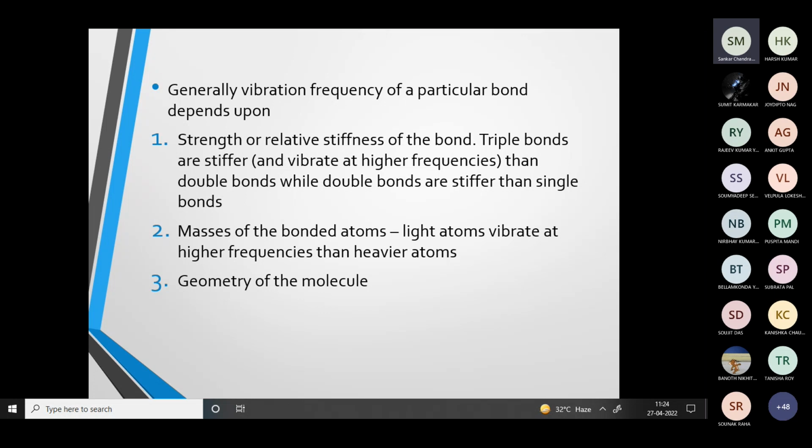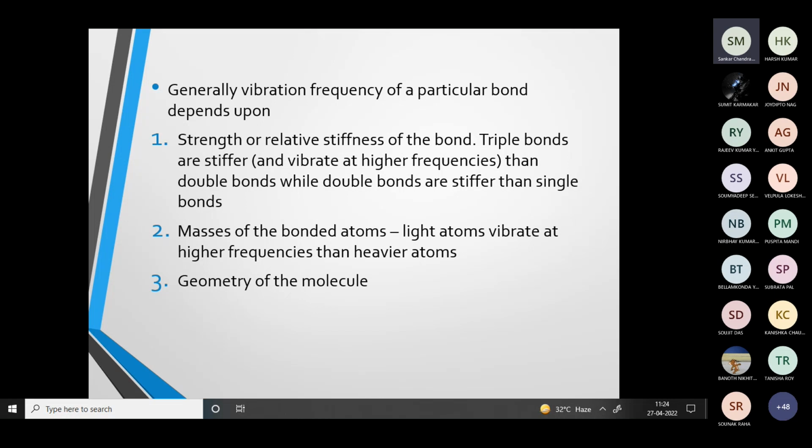So bond multiplicity is directly related to the amount of energy required for breaking. For a single bond, less energy is required; for a double bond, more than a single bond; for a triple bond, more still.